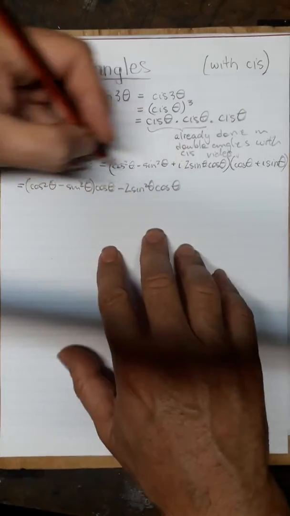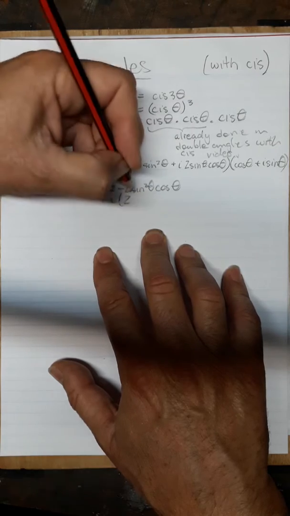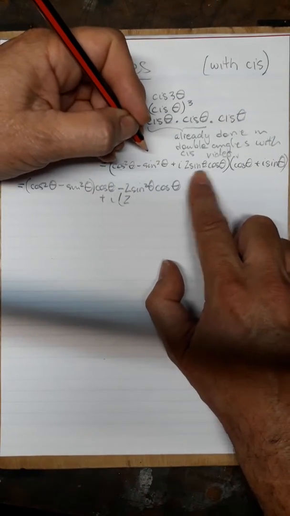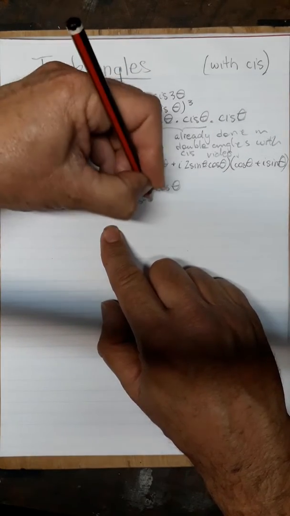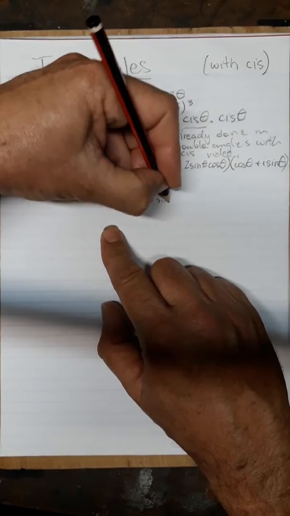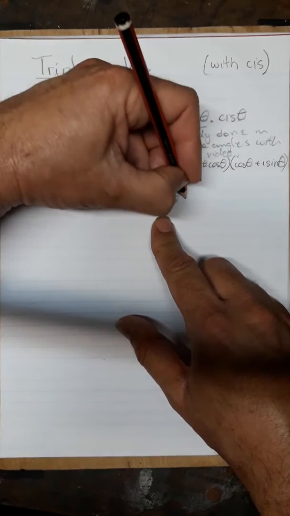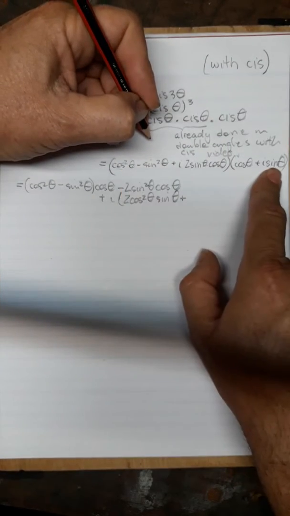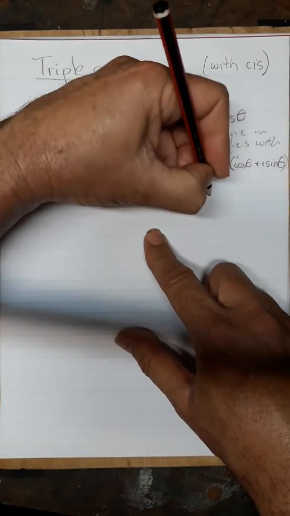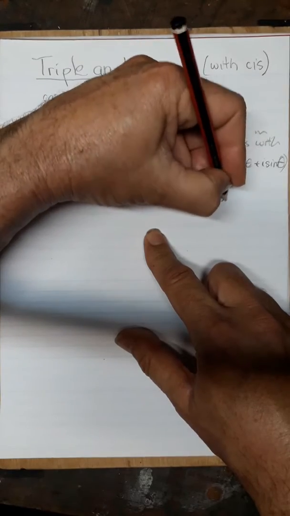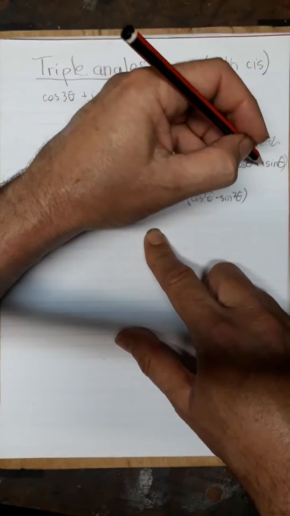Now I better use a new line here, plus i times 2 sine theta cos theta times cos theta, which will give us 2 cos squared theta sine theta, plus we'll multiply these two here, which will give us cos squared theta minus sine squared theta times sine theta.